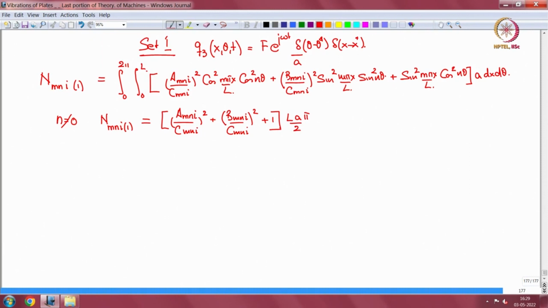When n equal to 0, I get N_m0I first set as (a_mnI by c_mnI) whole squared plus 1, into L a pi. You can check this out. Anyway, for n equal to 0, this goes to 0, so you can check it out.